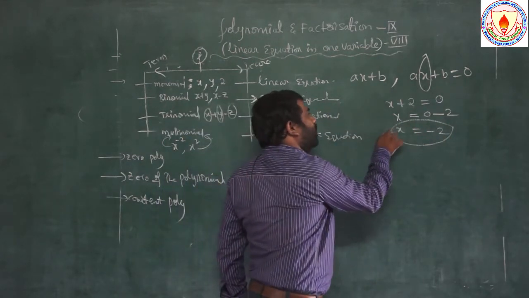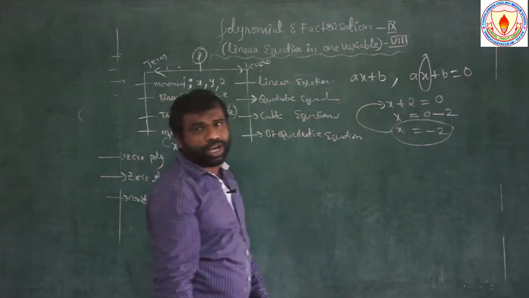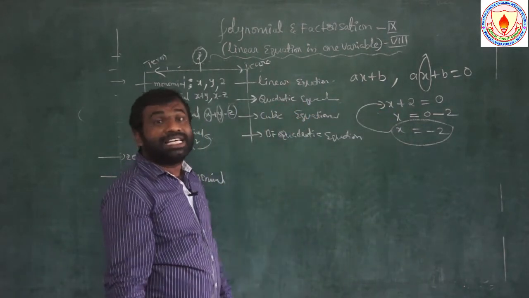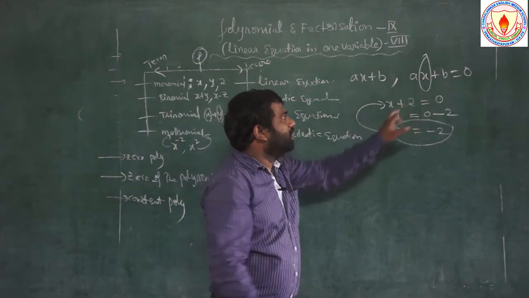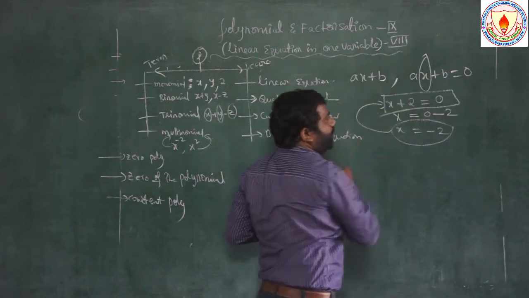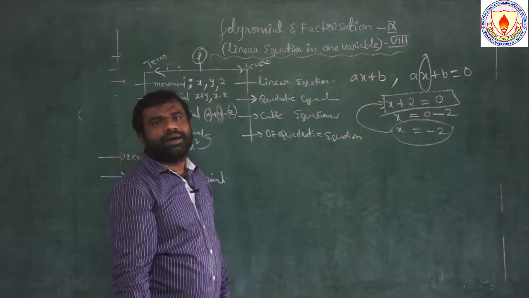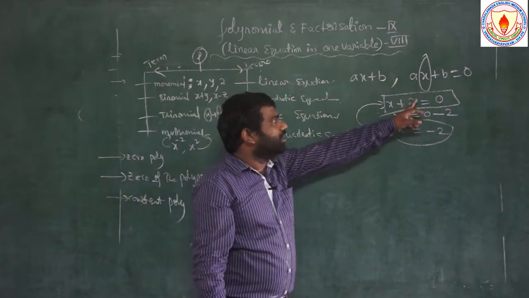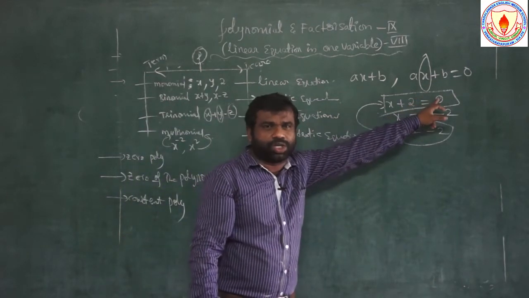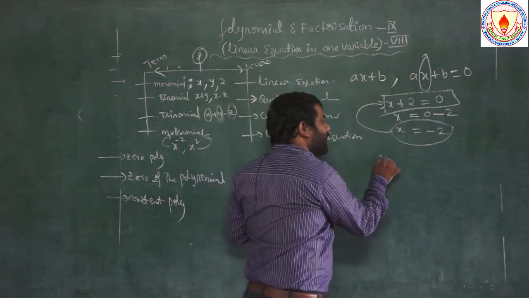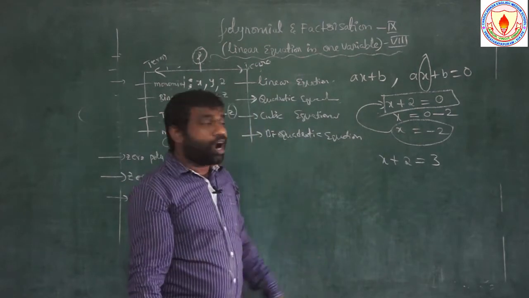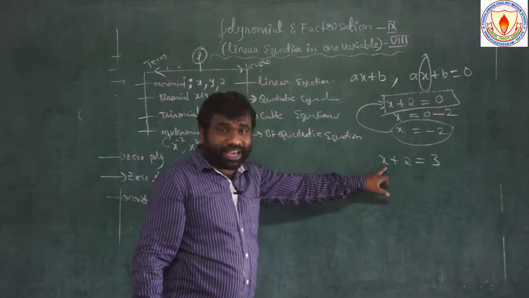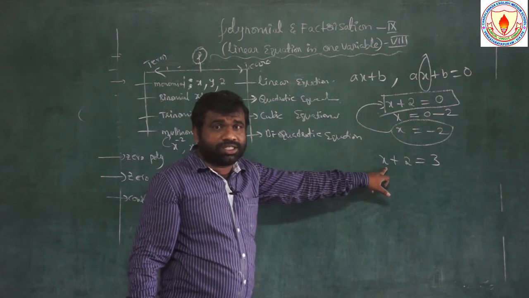So, if you substitute the x value in the equation, definitely it will be satisfied. So, this is the solution for this linear equation in one variable. Minus 2 is the solution for the equation x plus 2 is equal to 0. In the same manner, x plus 2 is equal to 3. What value do we have to substitute in place of x? That value is said to be the zero of the polynomial.